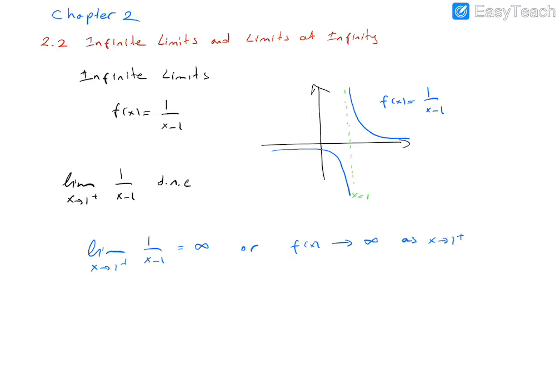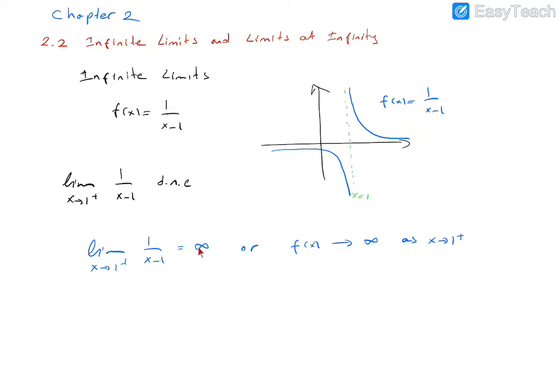Since infinity, this symbol, is not a real number, this limit does not exist. We are using the symbol infinity to describe the manner in which the limit fails to exist, and we call this situation an infinite limit.